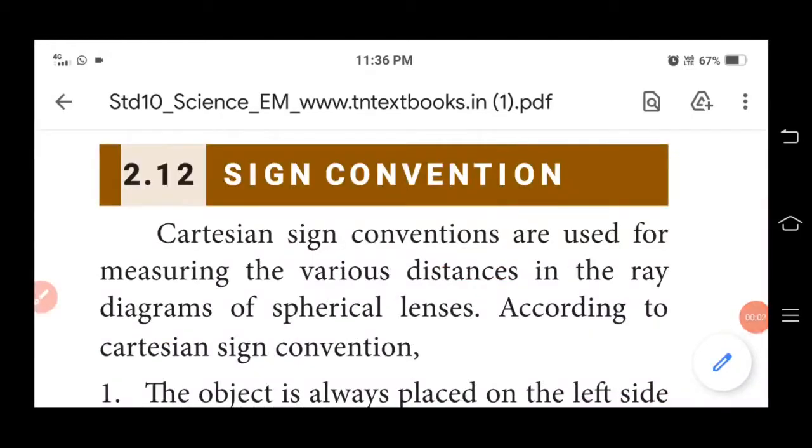Our next topic is sign convention. Sign convention for spherical lenses: the new Cartesian sign convention for measuring various distances in the case of lenses is similar to that of the spherical mirror.